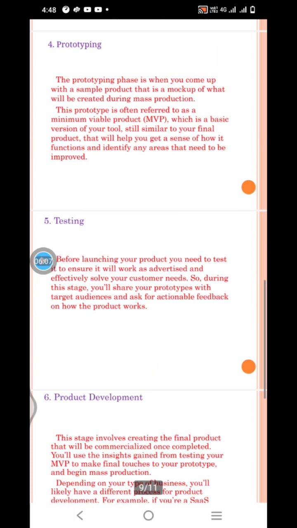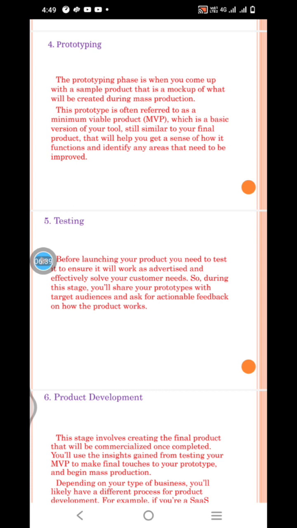And the fifth stage is testing. Before launching your product, you need to test it to ensure it will work as advertised and effectively solve your customer needs. During this stage, you will share your prototypes with the target audience and ask for actionable feedback on how the product works.